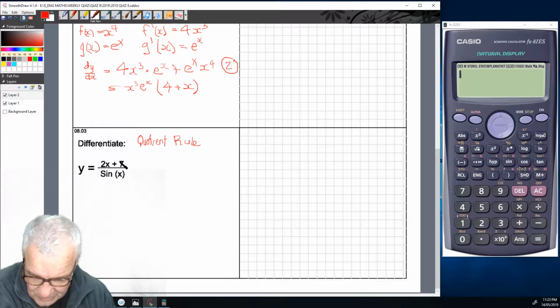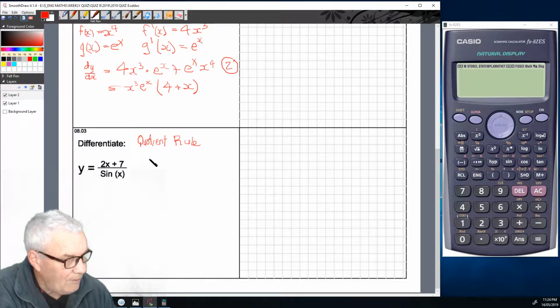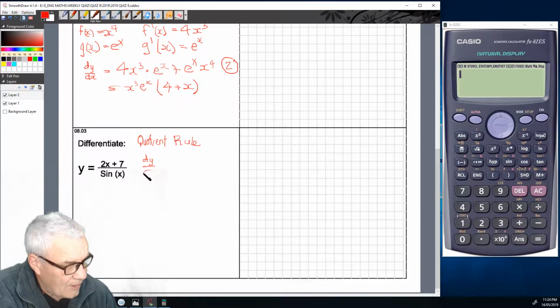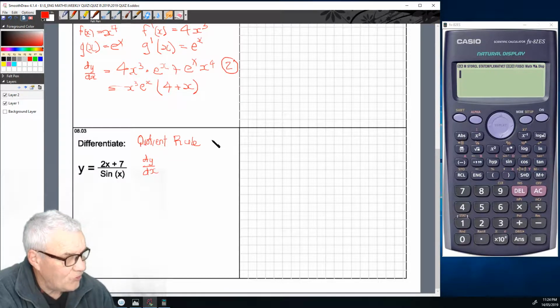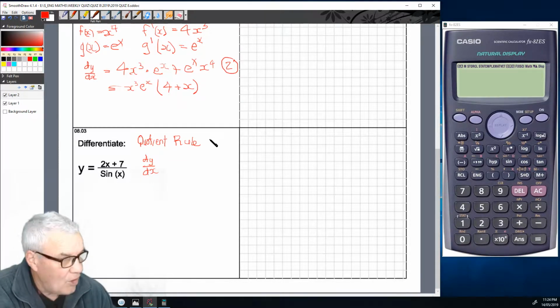And it says dy by dx, for the case where you have y equals some function u over some function v.